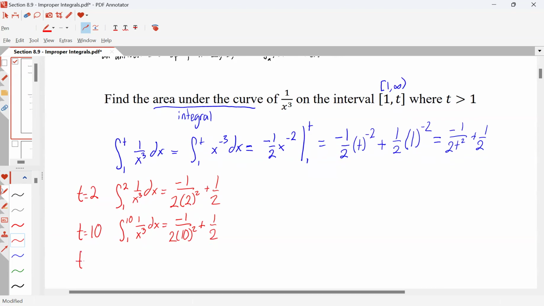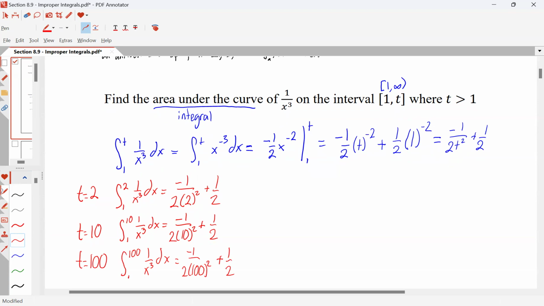And if we evaluated this out, as we keep increasing these t's, this first fraction keeps getting smaller and smaller.